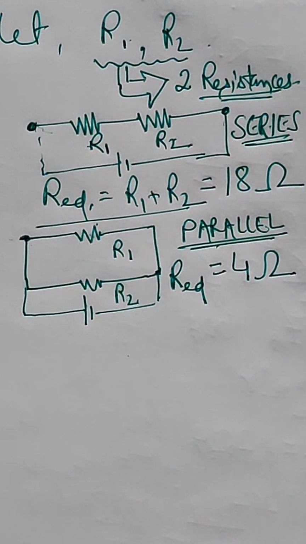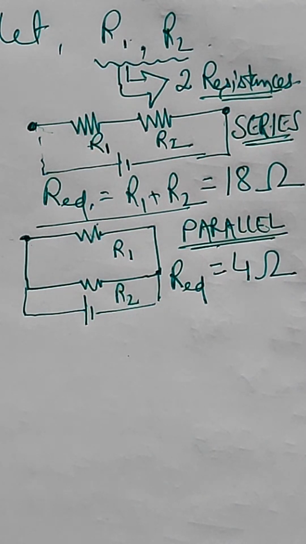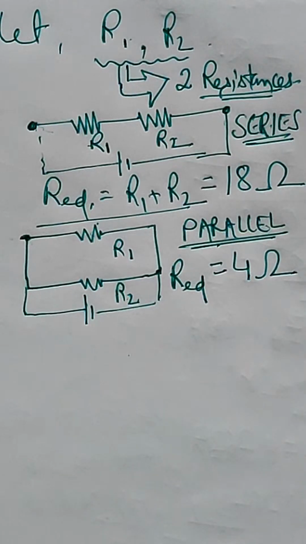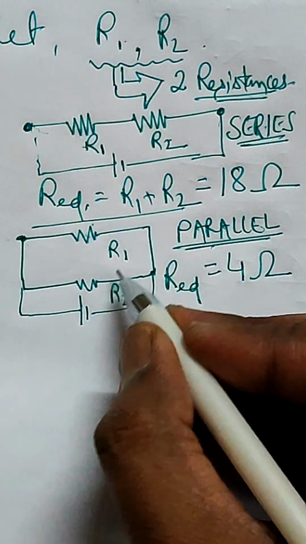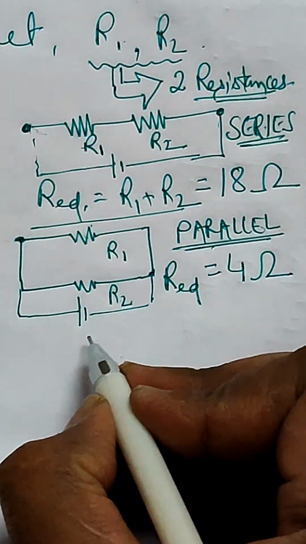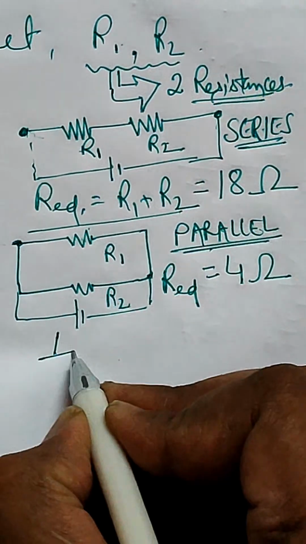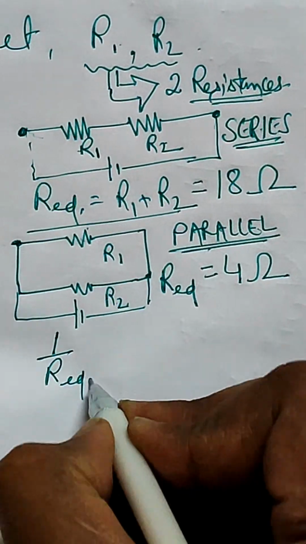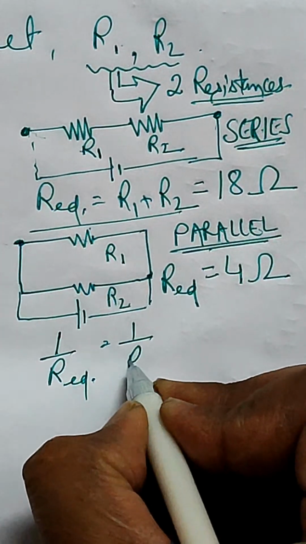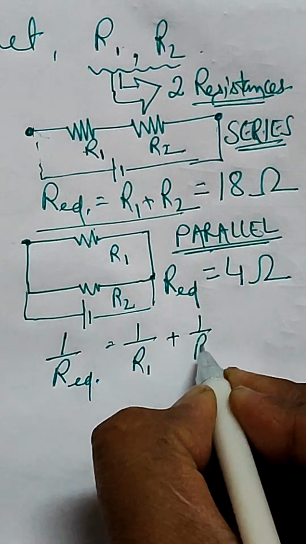Now we will simply use the formula for a parallel connected circuit. For a parallel connection of R1 and R2, 1 by R equivalent can be written as 1 by R1 plus 1 by R2.